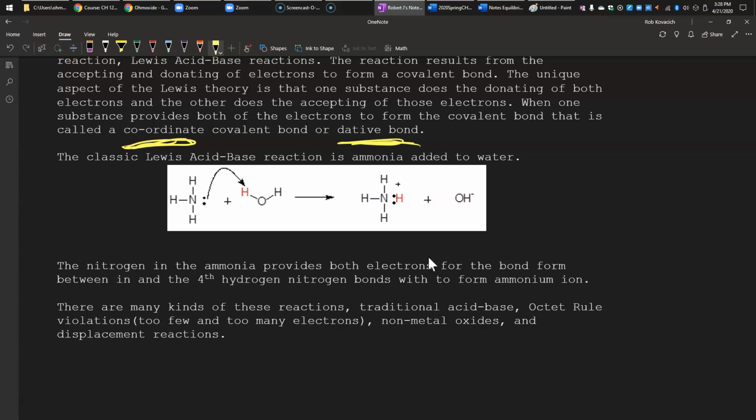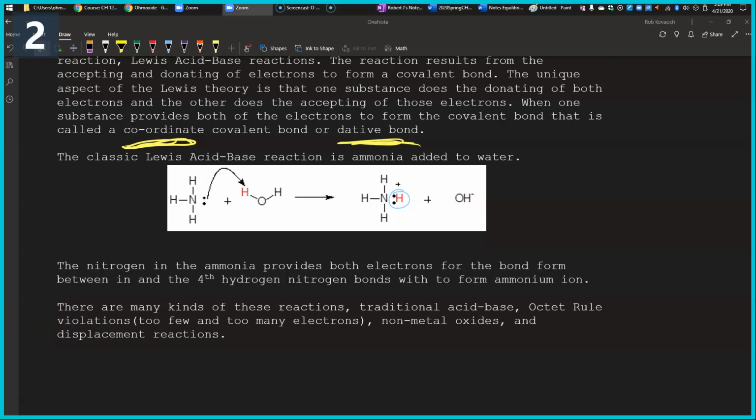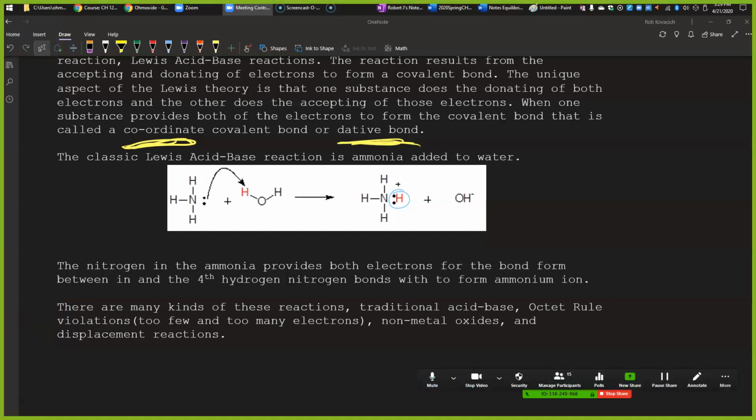Coordinate is right here, dative is here, and it's a covalent bond because this is hydrogen and this is nitrogen, and their electronegativities are similar enough that we'll call it a coordinate covalent bond.